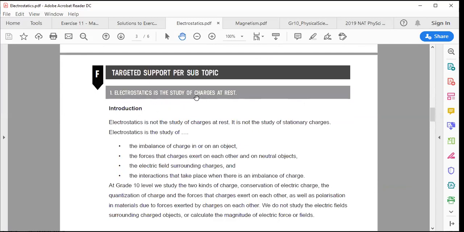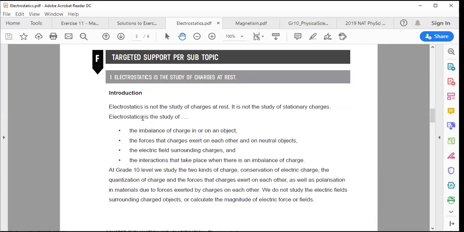So electrostatics is the study of charges at rest. So we are looking at the positive and the negative charges. And where do these positive and negative charges come from? They come from the protons and the electrons that make up the atoms of the material that we are talking about.